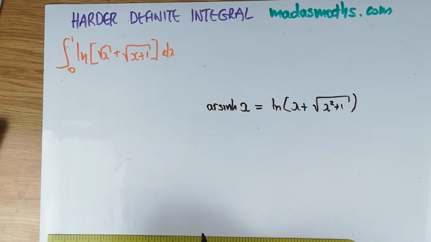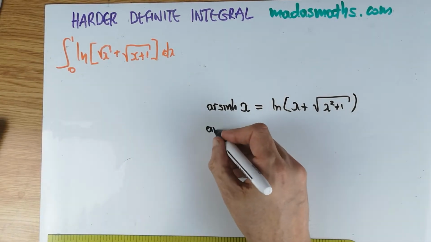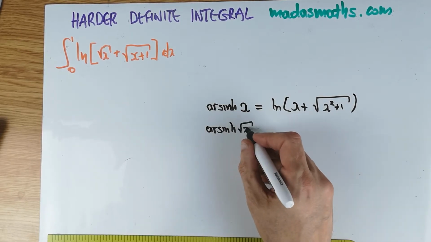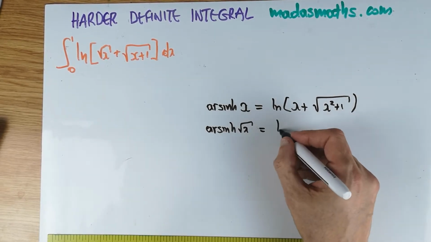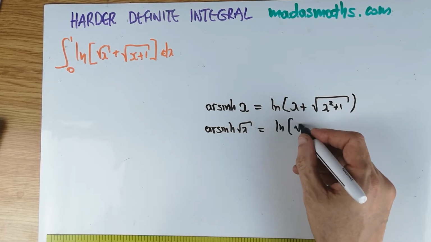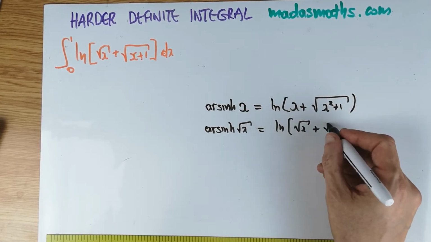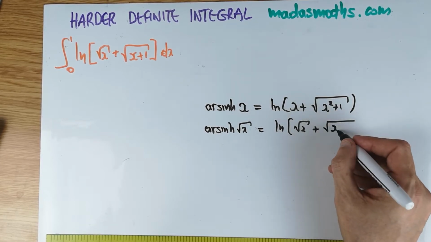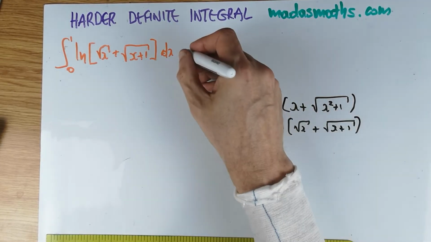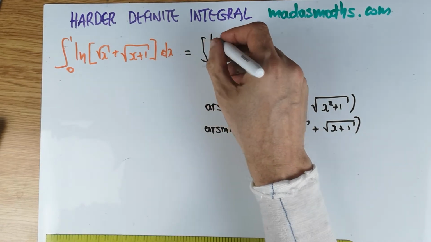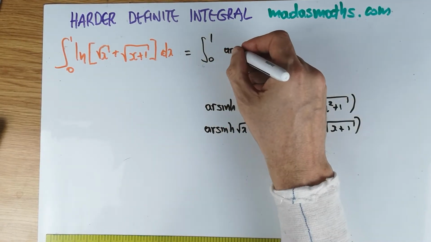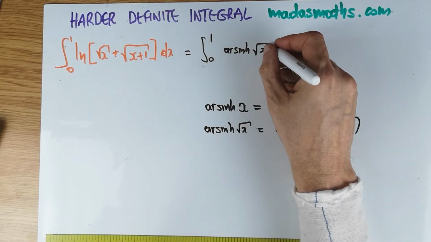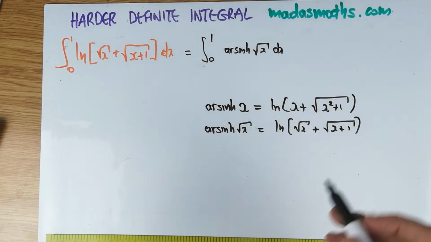If you look at this expression and replace x with the square root of x, quite clearly this log becomes x plus 1. So that is nothing more than the arsinh of the square root of x with its limits.